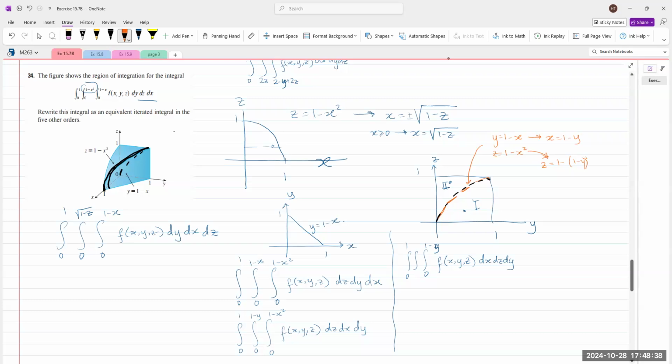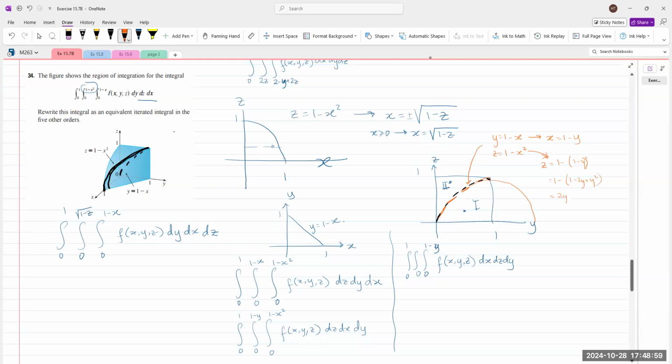Okay, so that's what the parabola looks like actually. The z will be from 0 to, what is this if we simplify this? This is 1 minus 1 minus 2y plus y squared.